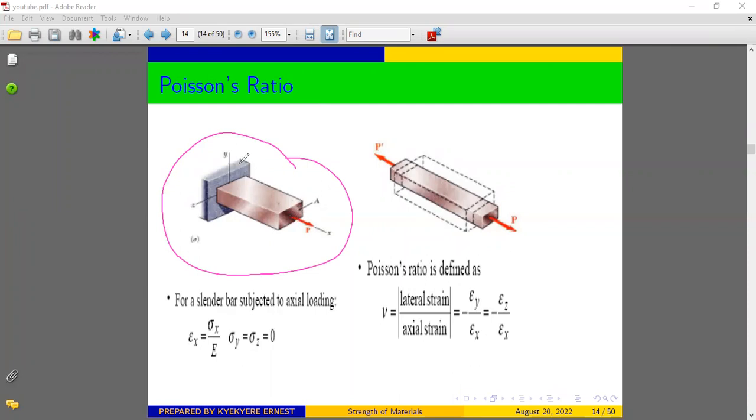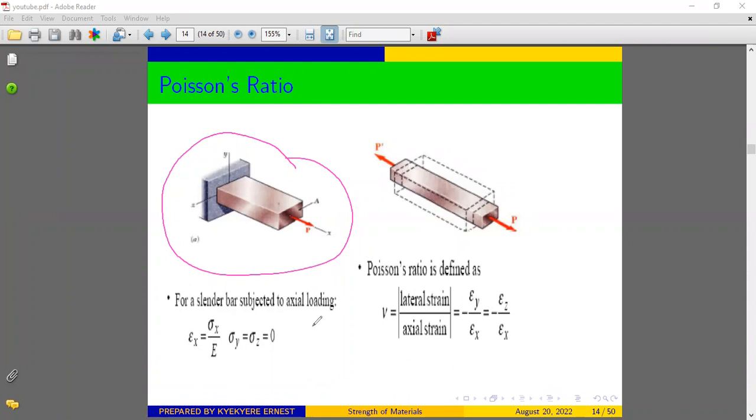Don't forget that here we have 3 axes. We have the x-axis, the y-axis, and the z-axis. But we have a load applied only along the x-axis. And from there, we can say that because the axial load has been applied along the x-axis only, there will be stress along the x-axis.